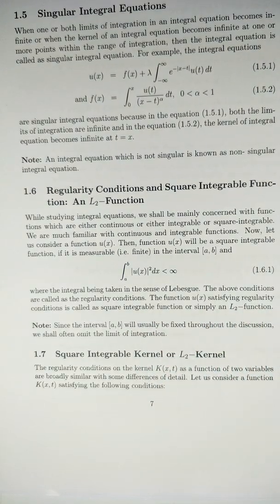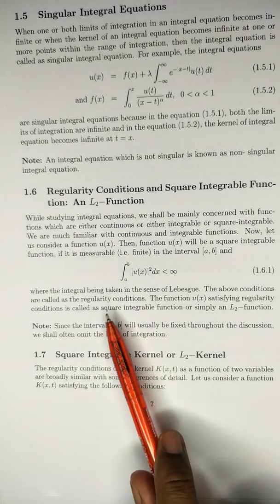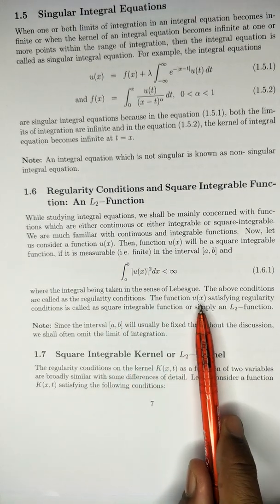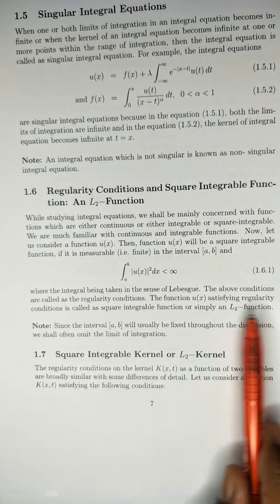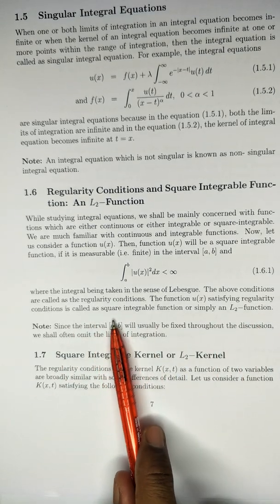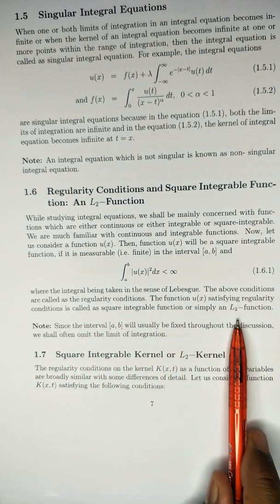The above condition is called the regularity condition. So a function u satisfying the regularity condition is called a square integrable function, or simply an L2 function.